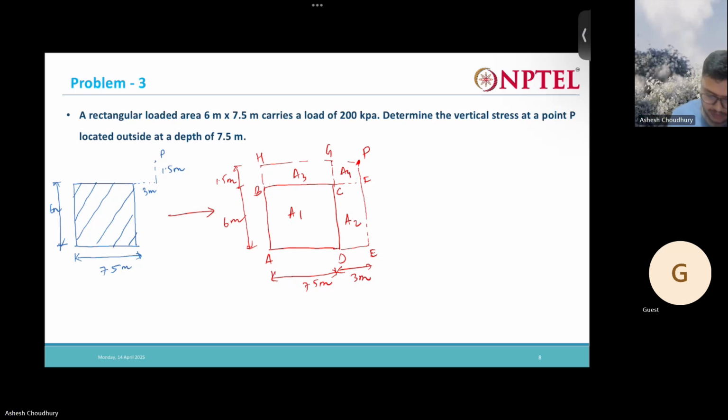So sigma z, the vertical pressure, can be written as K AEPH, the biggest rectangle, minus K BFPH, minus K DEPG.